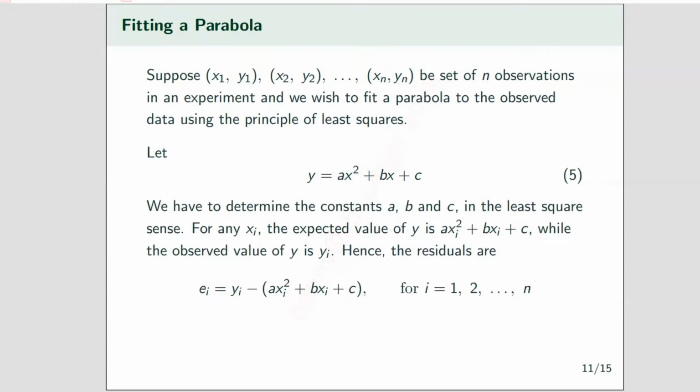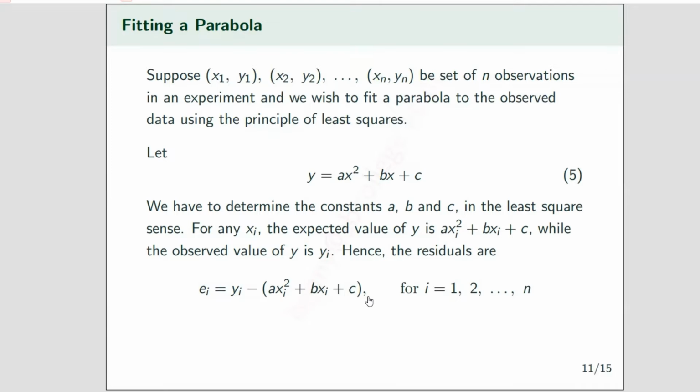For example, if i equal to 1, then the first residual will be e1 equal to y1 minus (ax1 square plus bx1 plus c). And for i equal to 10, e10 equal to y10 minus (ax10 square plus bx10 plus c). Likewise, it runs from 1 to n.